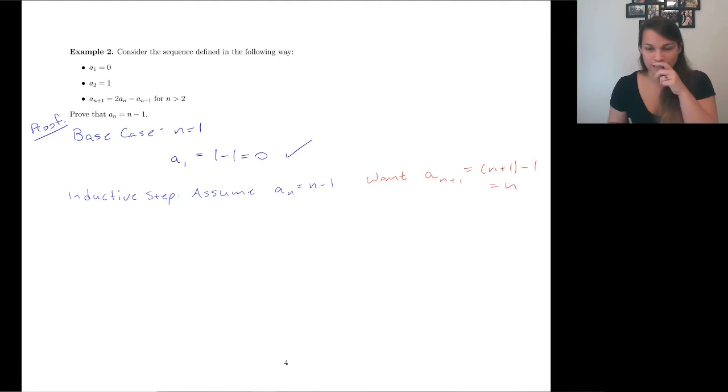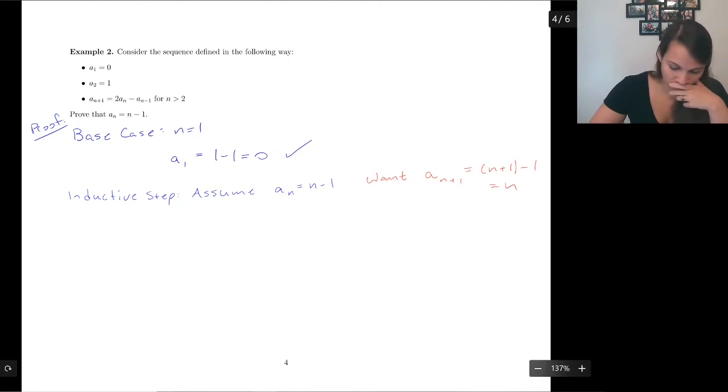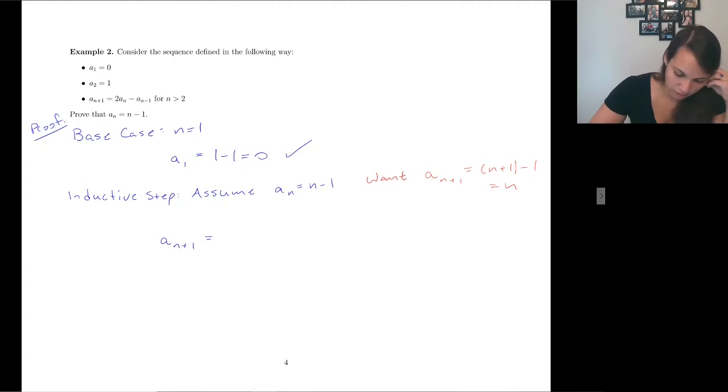Okay, that's our goal. So we have a_{n+1} is equal to, we are given this, that is how our sequence is defined right now. So let's go ahead and use it.